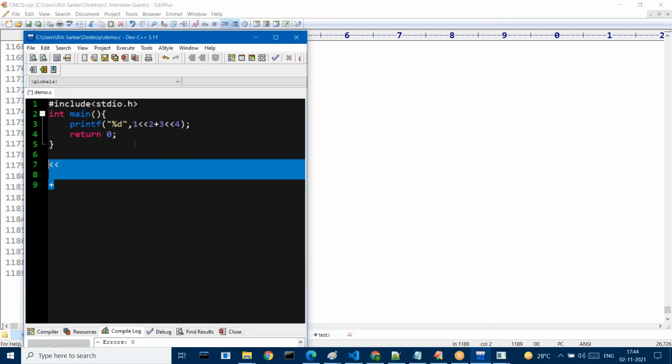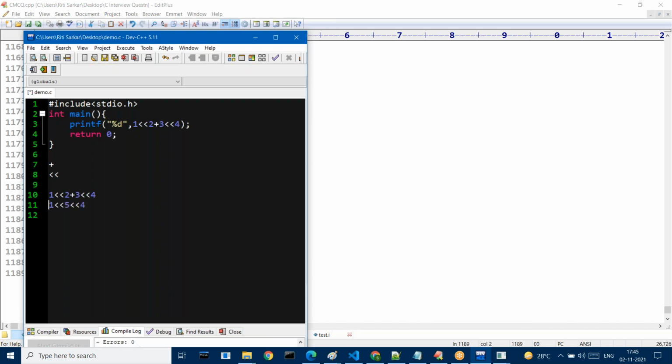So what will happen here, sir? Plus will work first. So now, as per the precedence and associativity, plus first, left shift later. So 2 plus 3 is 5. What will happen? 1 left shift 5, left shift 4. 1 left shift by 5 means 1 into 2 to the power 5, that is 32. 32 left shift by 4 means 32 into 2 to the power 4, which is 16.